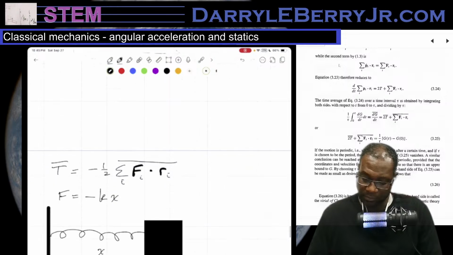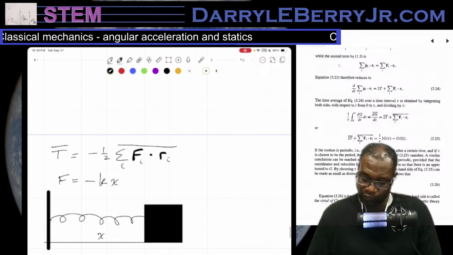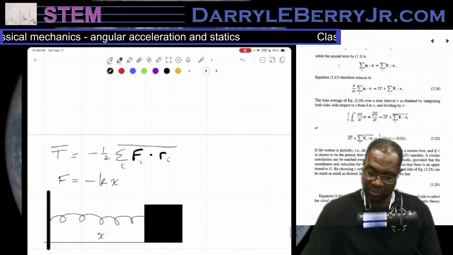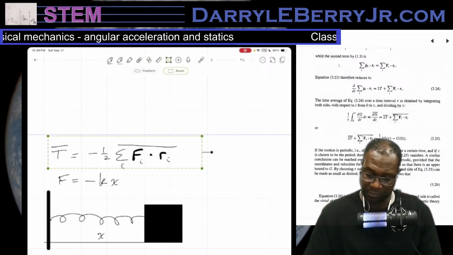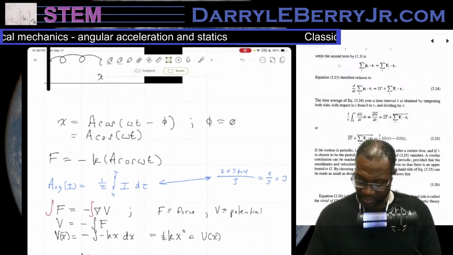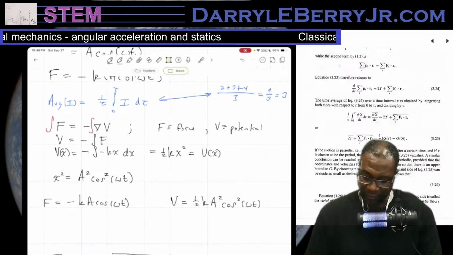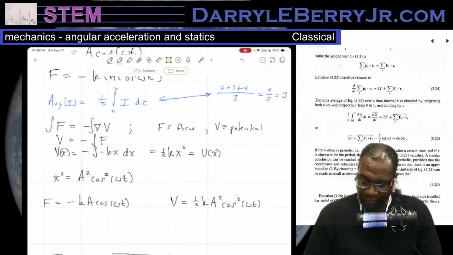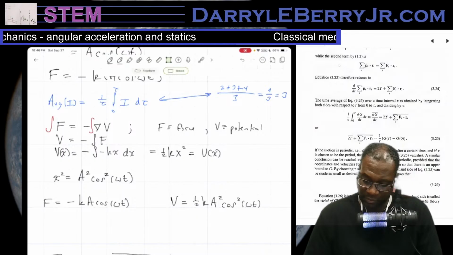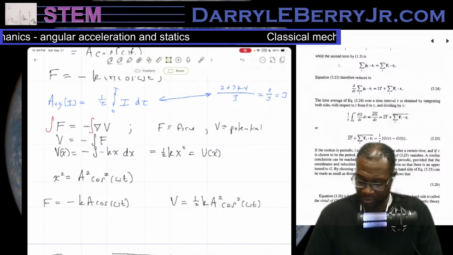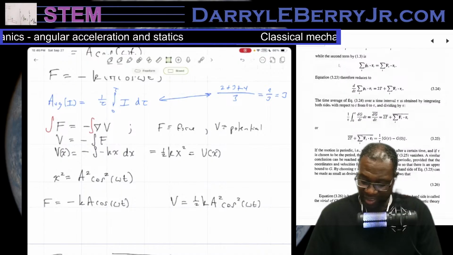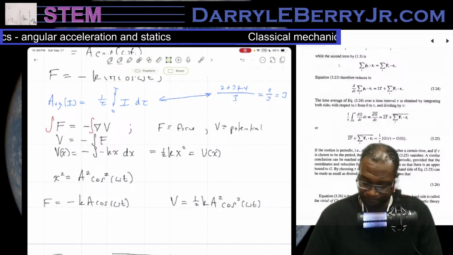So take a look at this. I'm just going to copy this down, see if I can get a better bird's eye view. Now we have the force in terms of potential, and vice versa, depending on if you do an integral or derivative. And we have both of those in terms of sine, cosine.